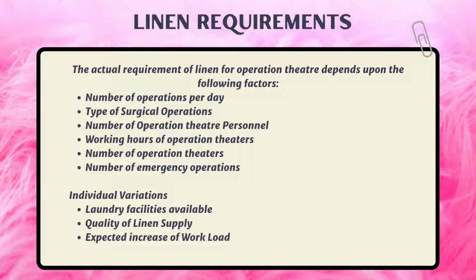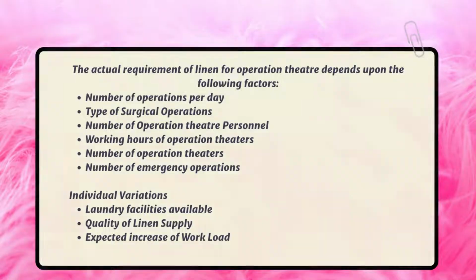So the first six factors are the main factors for the actual requirement of linen, and the last three factors are the individual variation. It depends on the laundry facilities available, quality of linen supply, and expected increase of workload. Okay, let's move on to the next slide.